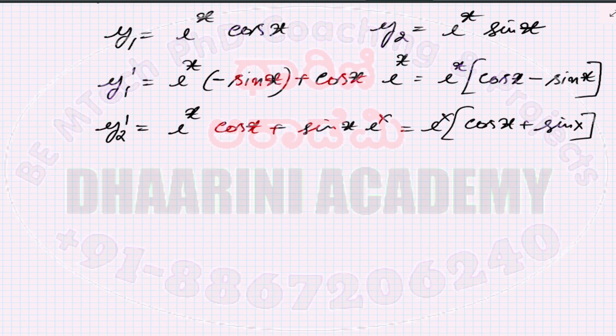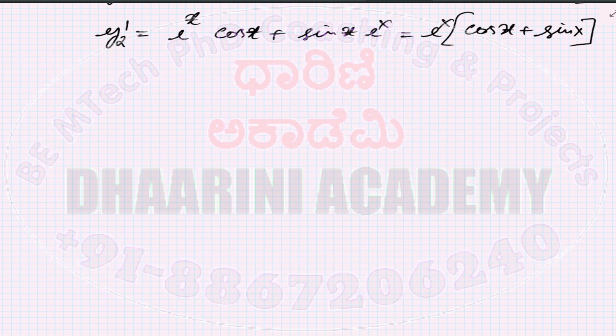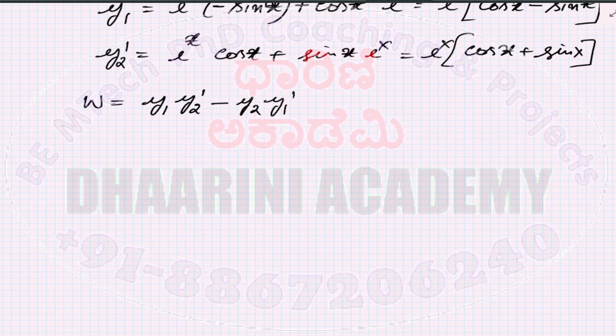Okay, now in the next step, we need to calculate the value of w. So w is equal to y1 y2 dash minus y2 into y1 dash.